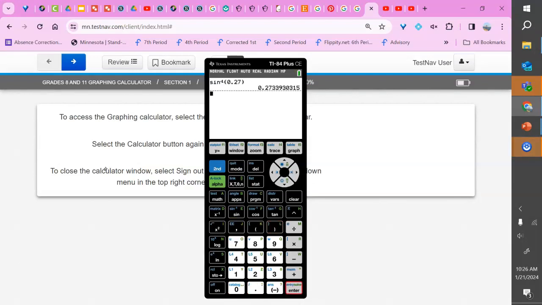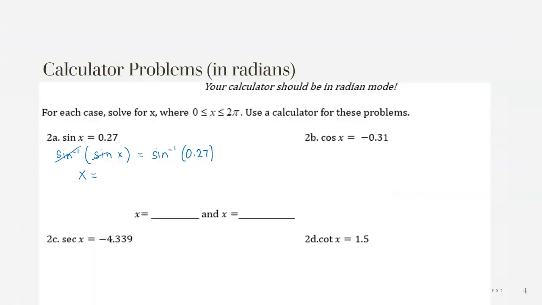We hit enter, and that gives us one value, 0.273. So one of the answers is 0.273, and that's the value of x in the first quadrant.